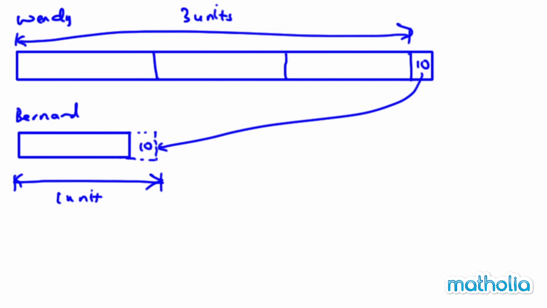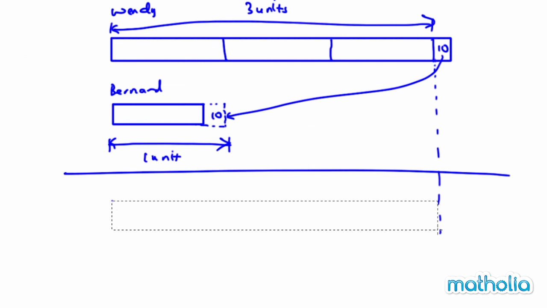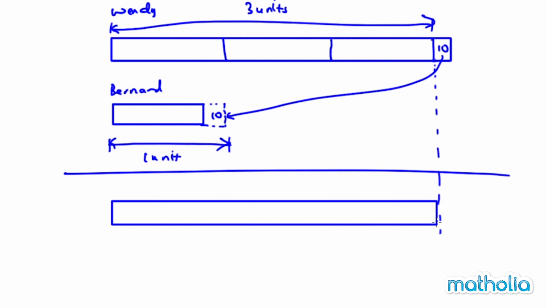Second part. If Wendy gives Bernard 20 books, she will have twice as many books as Bernard. 2 parts, you must be clear.